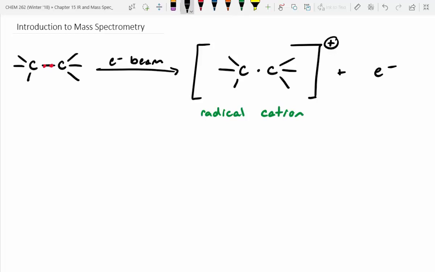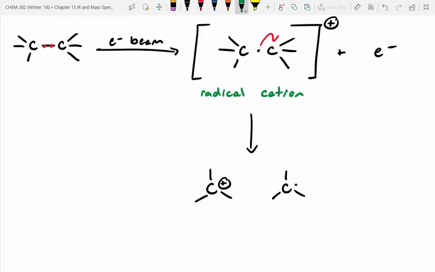They tend to fall apart into fragments. And during this fragmentation step, this electron will hop over to one side or the other. So, for example, the carbon on the left-hand side won't have an electron, meaning it's a cation. And the carbon on the right gets the electron, so it will be the radical. So the radical cation splits into two pieces.